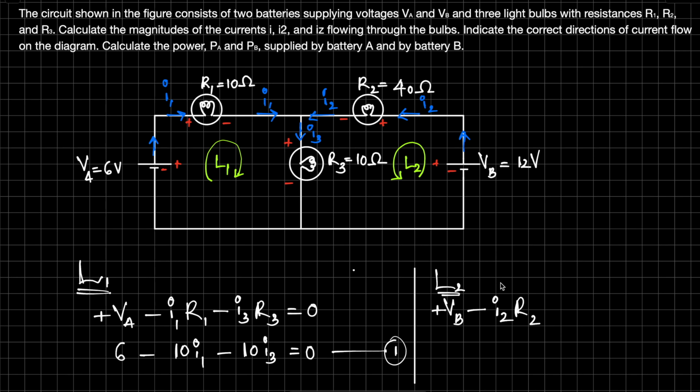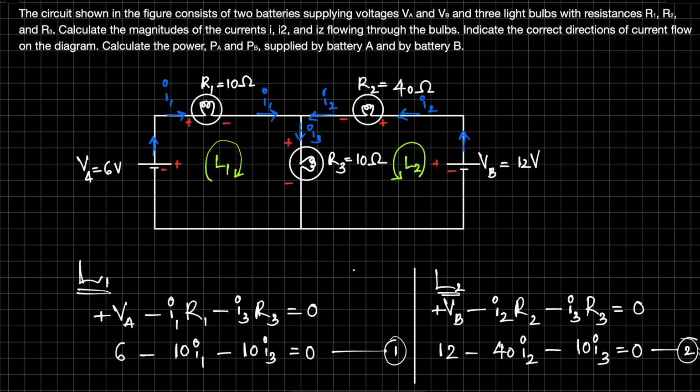Plus to minus is a drop again, I3 R3 is equal to 0. Kirchhoff's voltage rule. VB is 12 volt minus 40 I2, R2 is 40, I2 is unknown, minus R3 is 10, I3 is unknown, is equal to 0. I'm going to call it equation number 2.